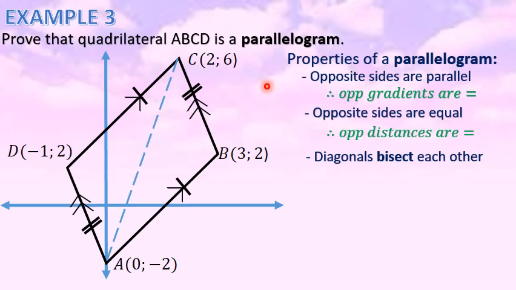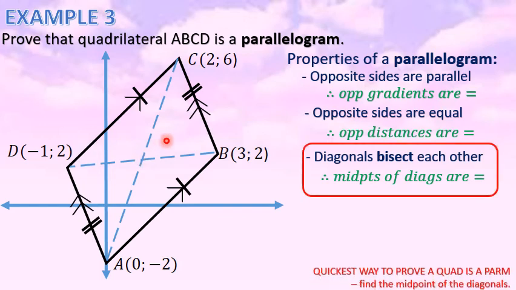If you were to take the diagonals AC and BD, you could find the midpoint of that line segment AC, and you could find the midpoint of that line segment BD. And if the midpoints of each of those diagonals give you the same value, then this quadrilateral is a parallelogram.